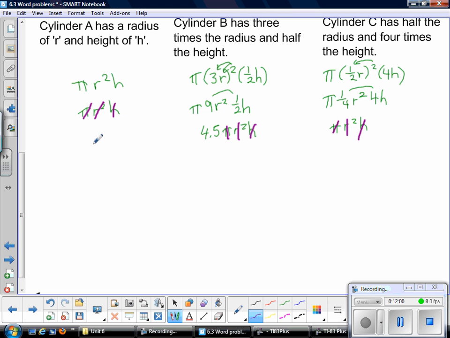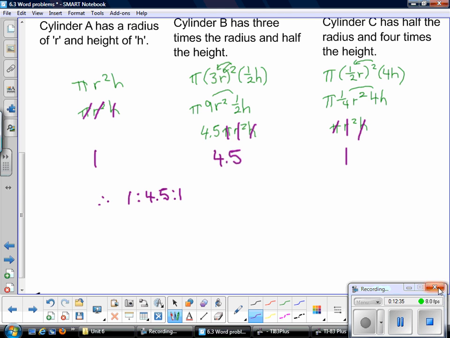So if I assign this as 1, this is 4.5, and this is 1 again. So this one and this one are exactly the same, even though I did things to it. So when I'm looking at the ratio, I don't want to include the pi, the r squared, or the h, because they have that all in common. So the ratio is 1 to 4.5 to 1.